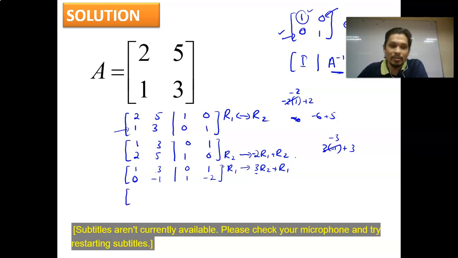So that is the instruction to get a new R1, row number 1. Row number 2, nothing happened; we just copy it again: 0, negative 1, 1, negative 2.